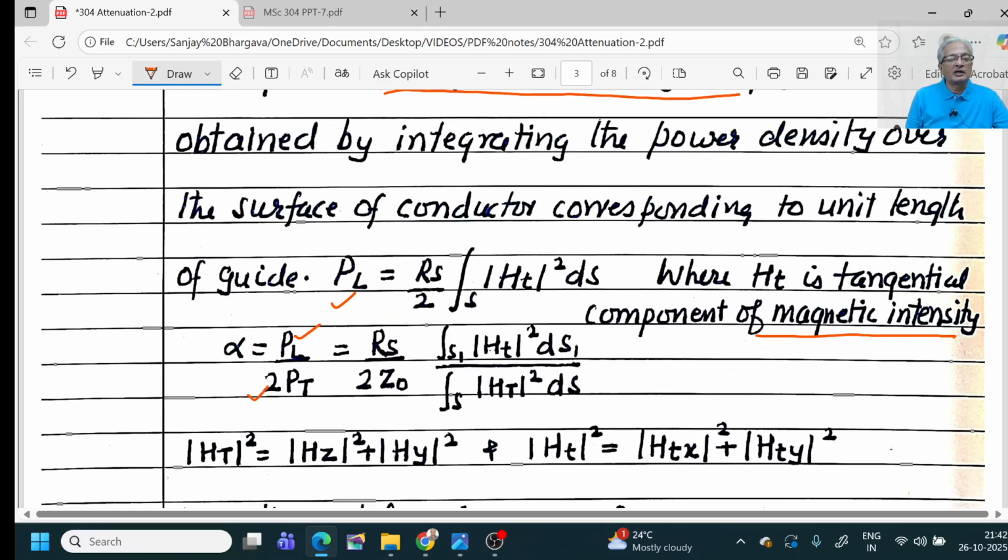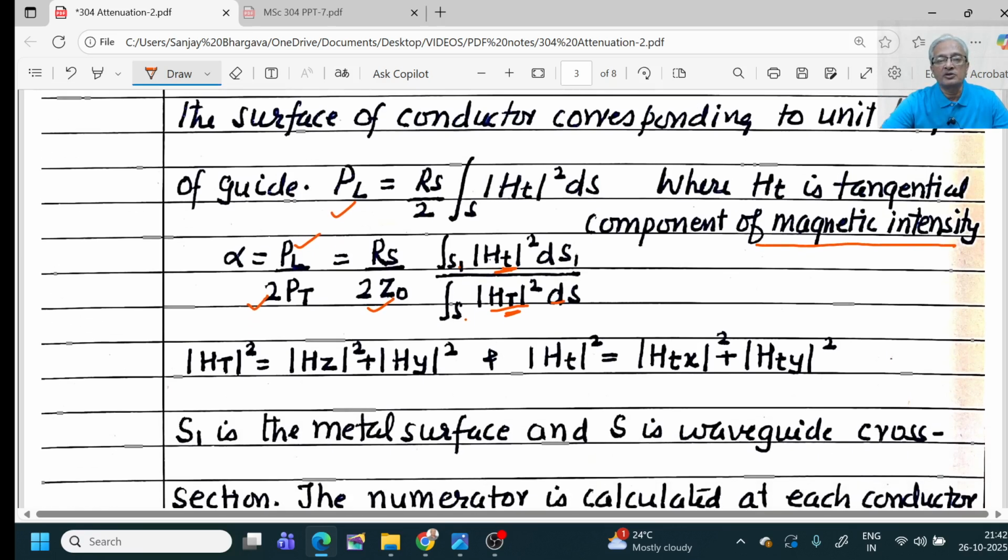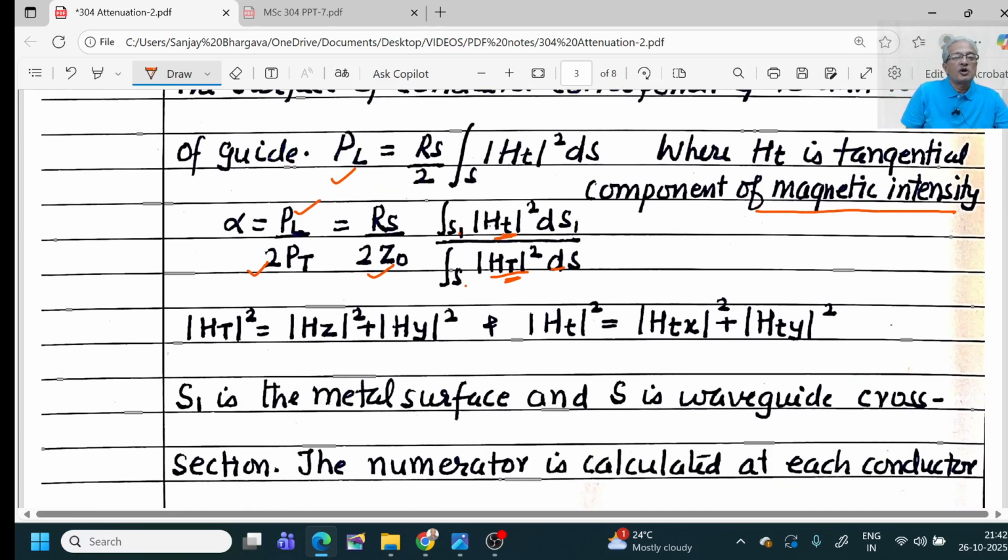We had determined this earlier. So the ratio gives me Rs upon twice Z0, integral over surface S1 of |Ht|² ds1, divided by integral over S of |HT|² ds. Ht is the tangential component and capital T represents the transverse component. How do we calculate the transverse component? Here the transverse component magnitude |HT|² would be equal to |Hx|² plus |Hy|².